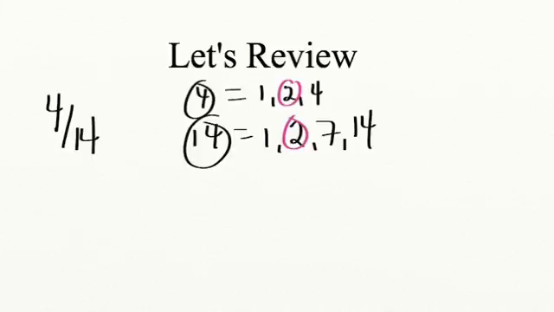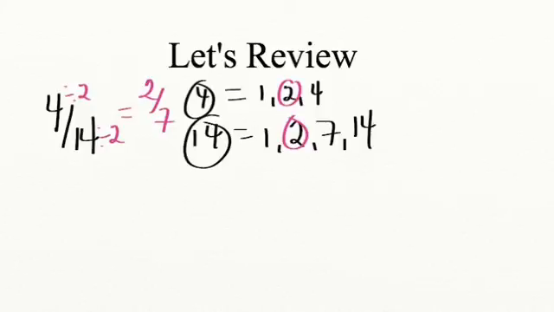Step 2, you divide the numerator and the denominator by the greatest common factor. 4 divided by 2 equals 2. 14 divided by 2 equals 7. And finally, step 3.